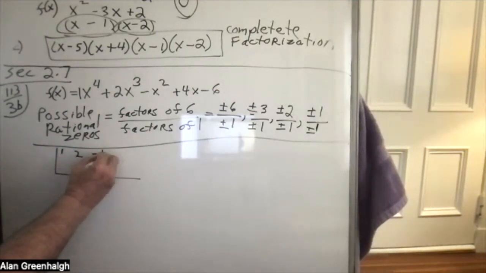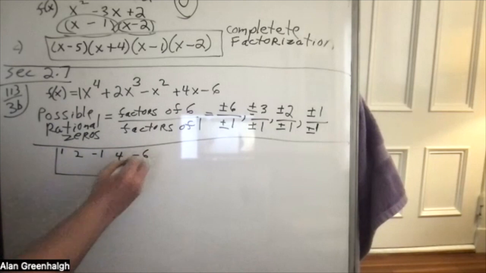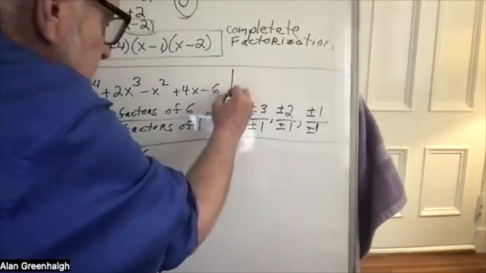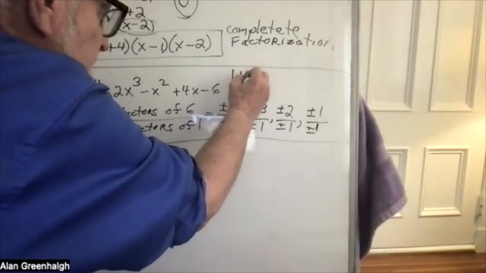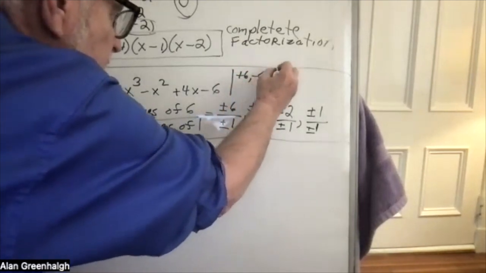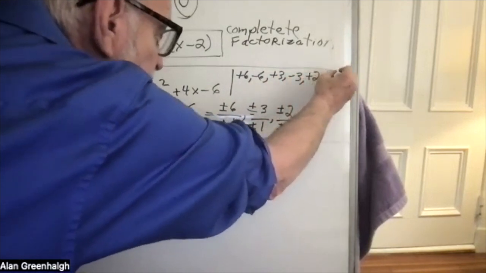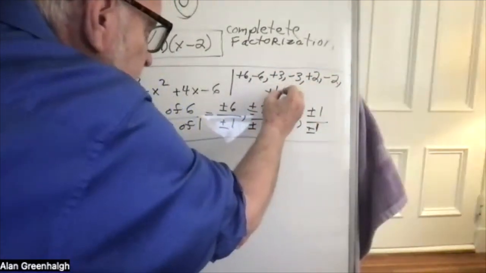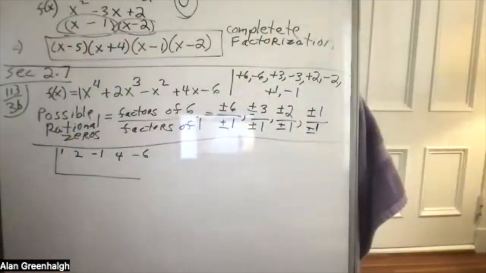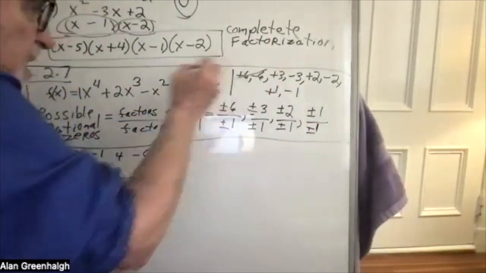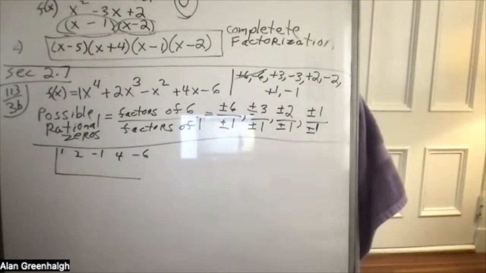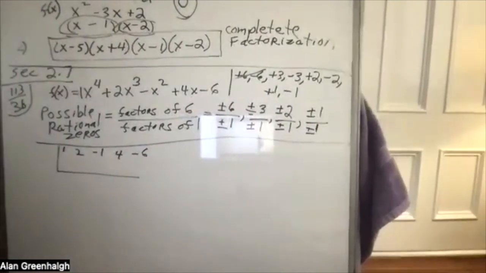So -1, 4, -6. Pick a number. Here are all the possibilities: plus 6, -6, plus 3, -3, plus 2, -2, plus 1, -1. I'm eliminating the 6; I just don't think it's going to be the 6. -3.